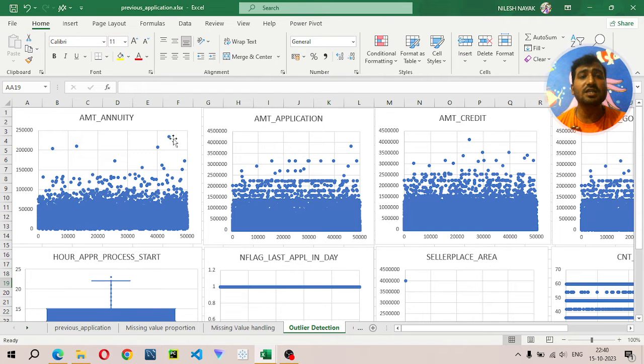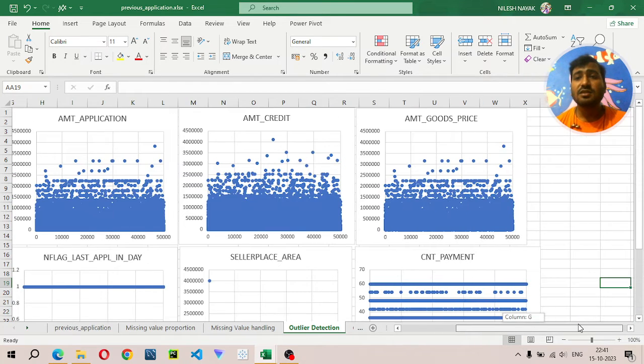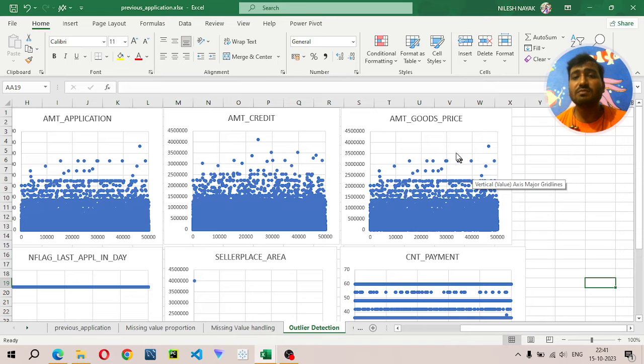Some amounts are near 2,50,000, some are more than 2 lakh. And in amount credit, one data point is more than 40 lakh. So that is definitely an outlier in the data. In amount of goods price, some points are close to 40 lakh.